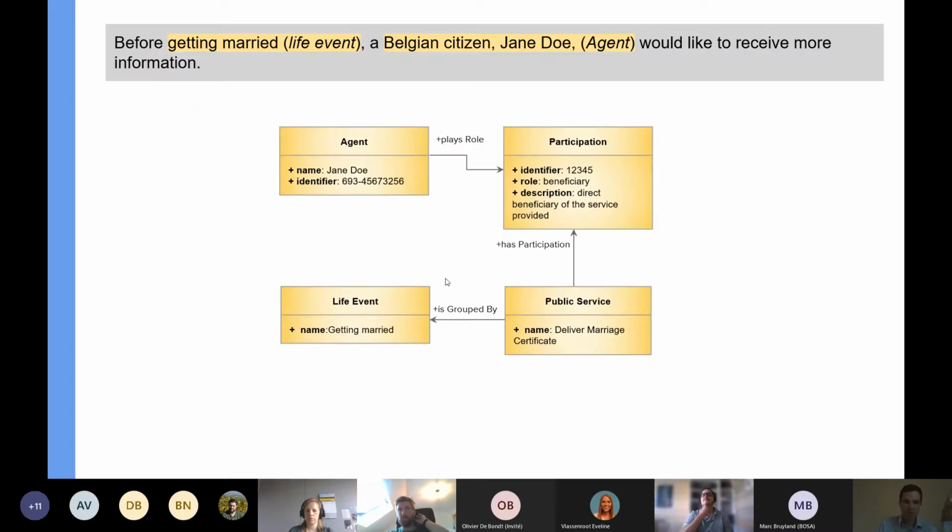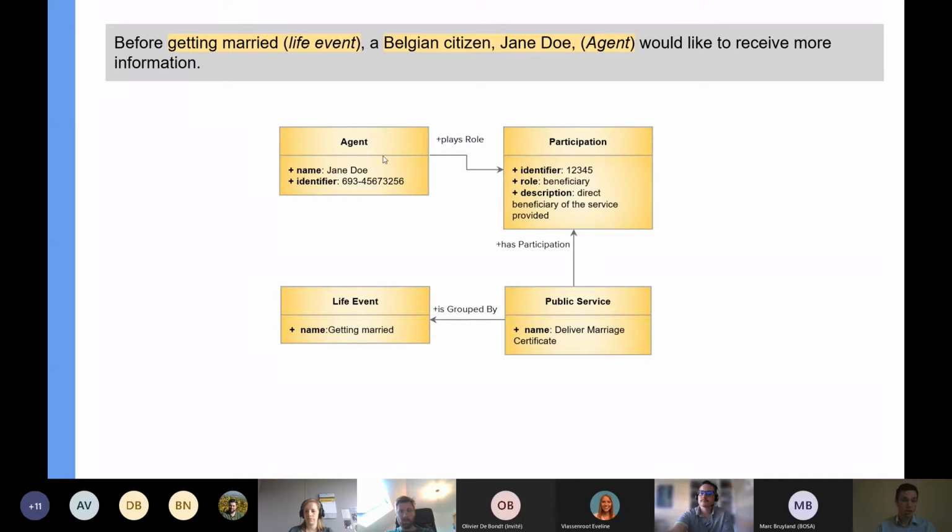So now let's see how this fits into the model. We saw that Jane wants to get married. That's a life event. It's something that happens in your life at a certain moment in time, of course, if you want to. Based on that, she wants to find information about how the delivery of the marriage certificate is going to happen, and her participation as an agent.